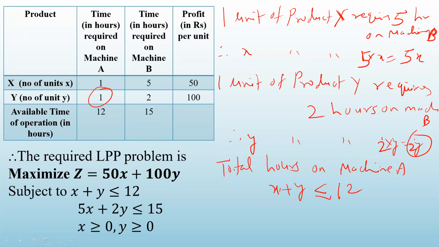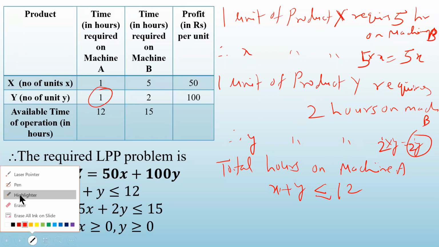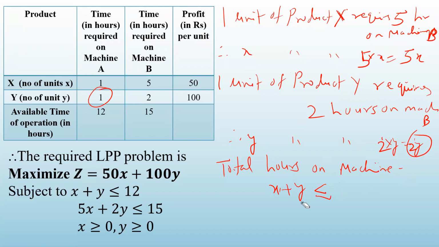So total hours on machine B will be 5x plus 2y. Look at this column for machine B: 5 hours for one unit, so 5x for x units. Similarly for y, 2 hours for one unit, so 2y for y units. So total hours on machine B is 5x plus 2y.